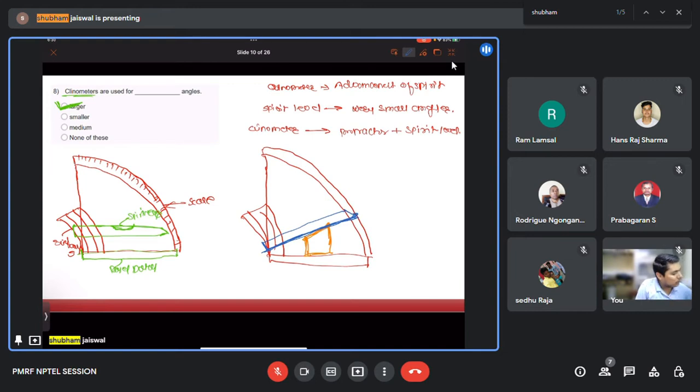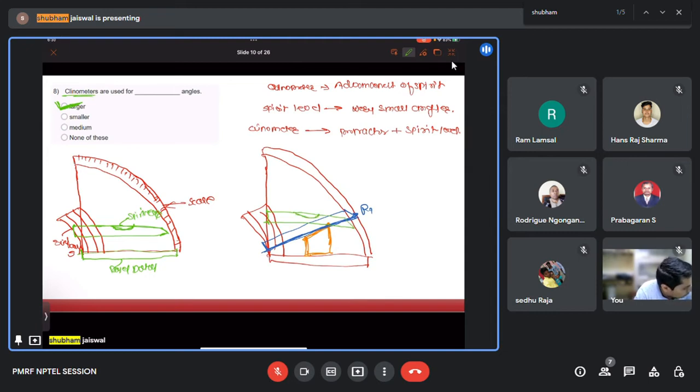mark the angle on the scale. Suppose this is the reading R1. Okay, and similarly then I will bring this hand or stylus to the top edge. Okay, I will keep it at the top edge so that the bubble in the spirit level is horizontal.